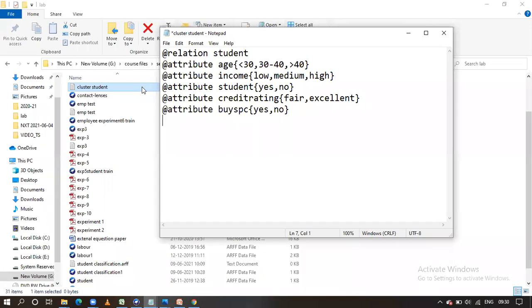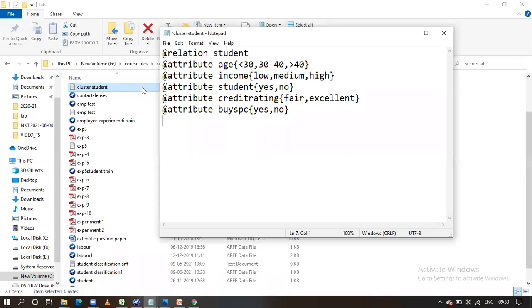The next one is student or not; it takes two values, yes or no. The next one is credit rating, which takes two values, fair and excellent. The next one is buying a computer, yes or no. These are the attributes and the values.